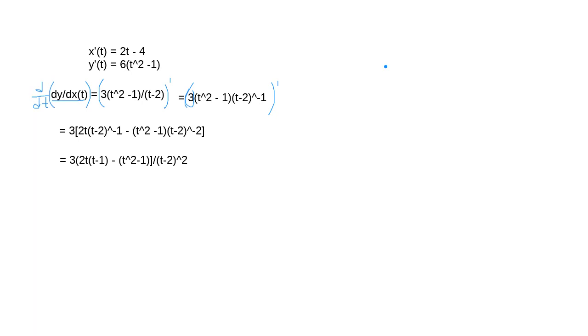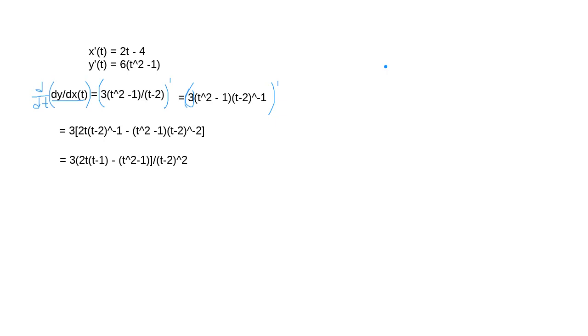So what do I get now? That equals 3 times... what's in the numerator? 2t squared minus t squared, that's t squared. Then 2t minus nothing, that's just minus 2t.